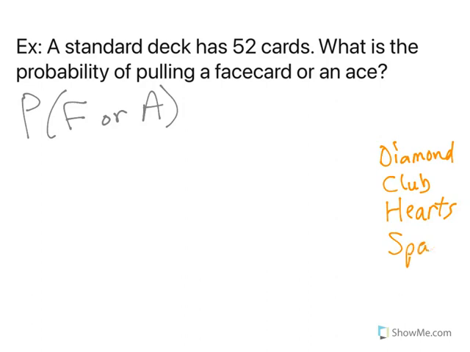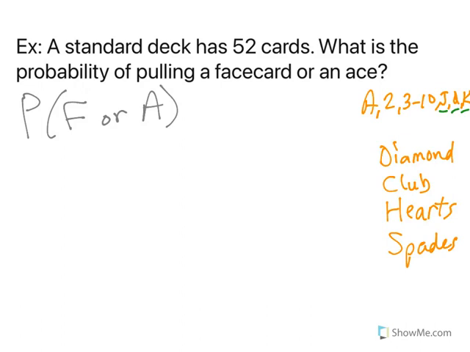In each of these, we have ace, 2, 3, up to 10, and then jack, queen, king. Jack, queen, king are considered face cards because they actually have faces on them, right? A jack, a queen, and a king. They are people, they have faces.